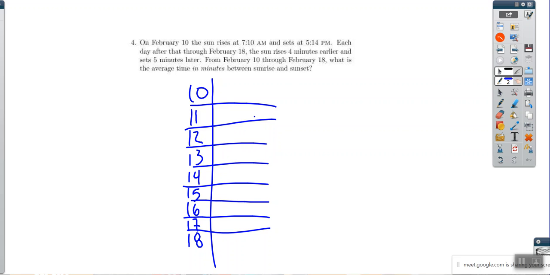Well, wait a second. So on February 10th, how many minutes of sunlight are there? I think it was 604 minutes. And how'd you get that? Because it's 10 hours and 4 minutes, which is 604 minutes, because 10 times 60 is 600, and then you have the extra 4 from the difference in minutes.